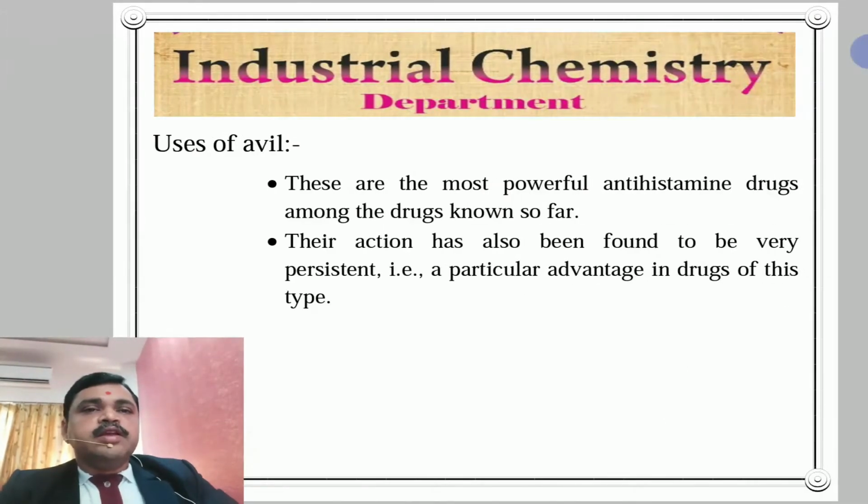Now, uses or medicinal application of Avil. These are the most powerful antihistamine drugs among the drugs known so far. It is very important.